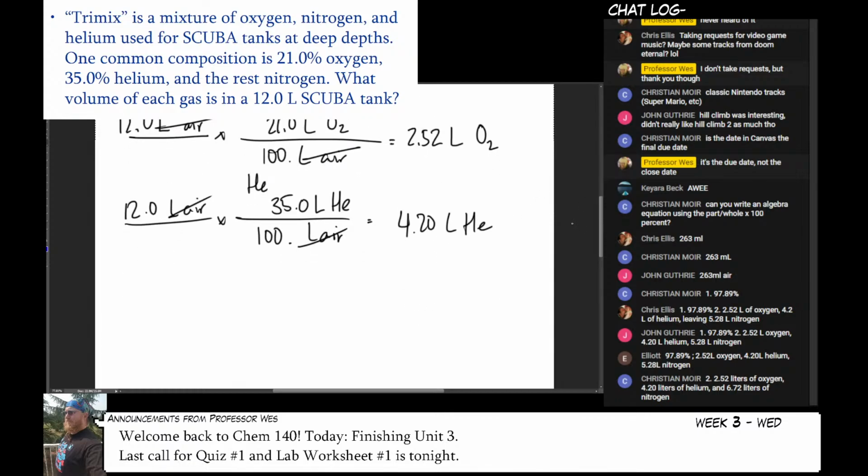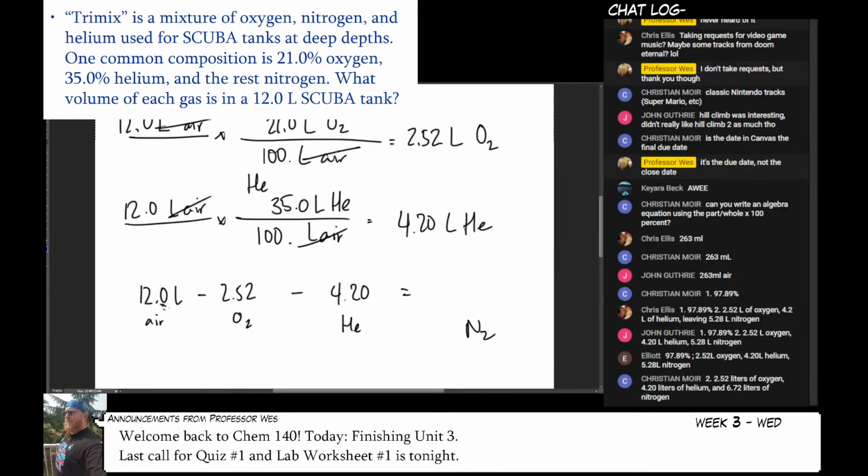And then if the rest is nitrogen, I could do 12 liters of nitrogen times whatever percentage is left over divided by 100. Or I could just say 12 liters of air minus the oxygen minus the helium must equal the nitrogen, right? So that would just be 2.52 and 4.20.